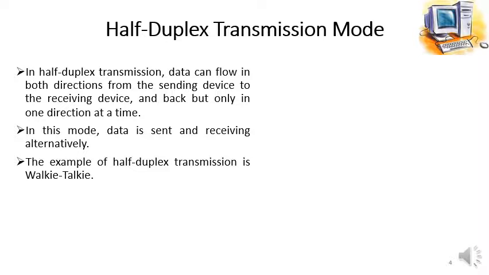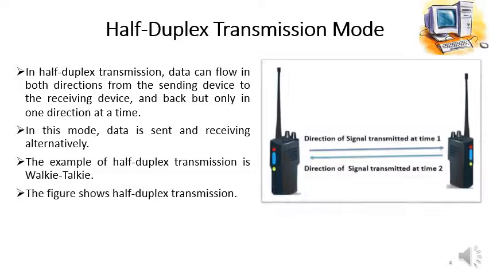The figure shows half duplex transmission. It's a walkie-talkie communication system. Here you can see the direction of signal transmitted at time 1, and the other line shows the direction of signal transmitted at time 2, because both devices cannot perform both the functions of sending and receiving at a single time. So that is actually a problem or drawback with the half duplex transmission system.